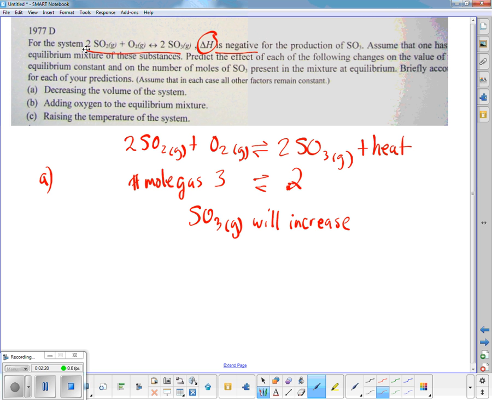Why? Because they always want you to answer, explain, right? Because you're not going to get the point unless you tell them why. So SO3 will increase, but I have to explain it.